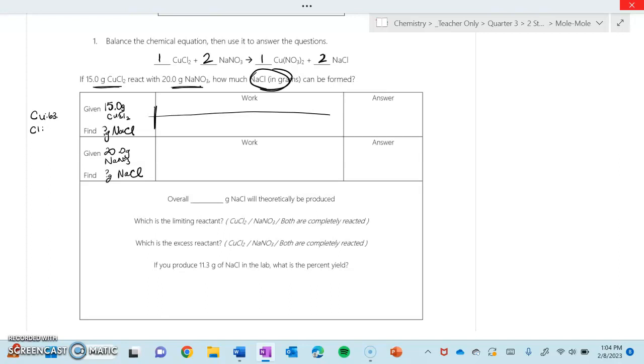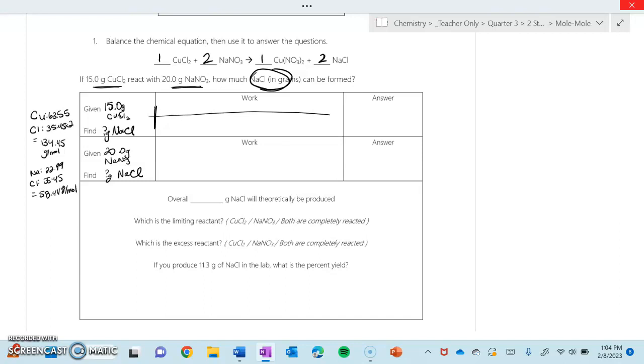Grab a periodic table and start adding these up. For copper 2 chloride, I get 134.45. We'll need that. And for sodium chloride, we're going to get 58.44.